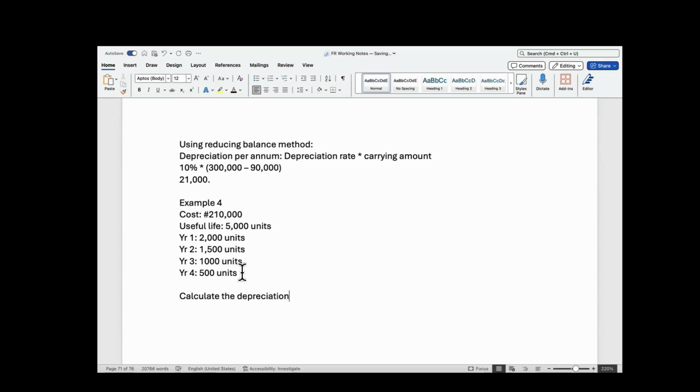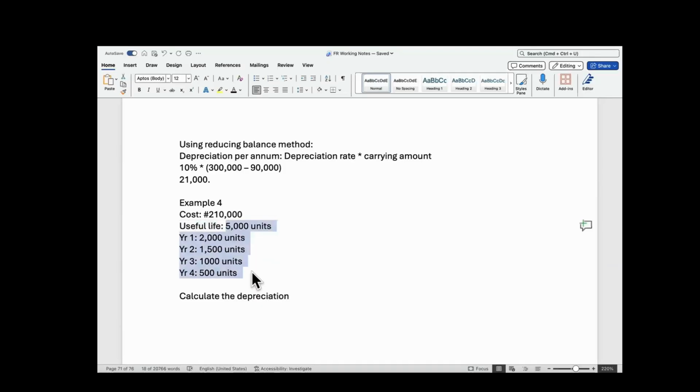The method of allocation is based on the pattern of usage. I'm giving you this example to make you understand that depreciation is really calculated based on how you use the asset. That should determine how much you allocate of the cost.